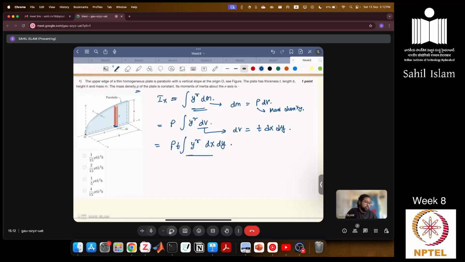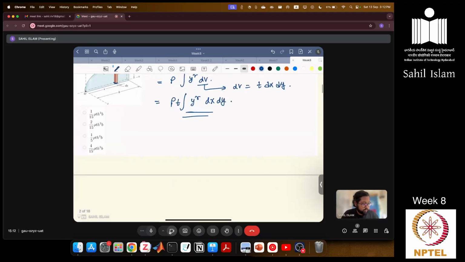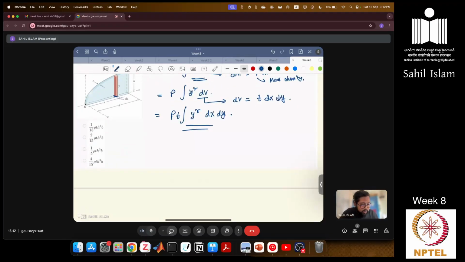Now we have to calculate this. When I do this integral, y and x are now in one plane, so we can ignore the z direction, because its contribution is only the thickness t, which we have already taken care of.